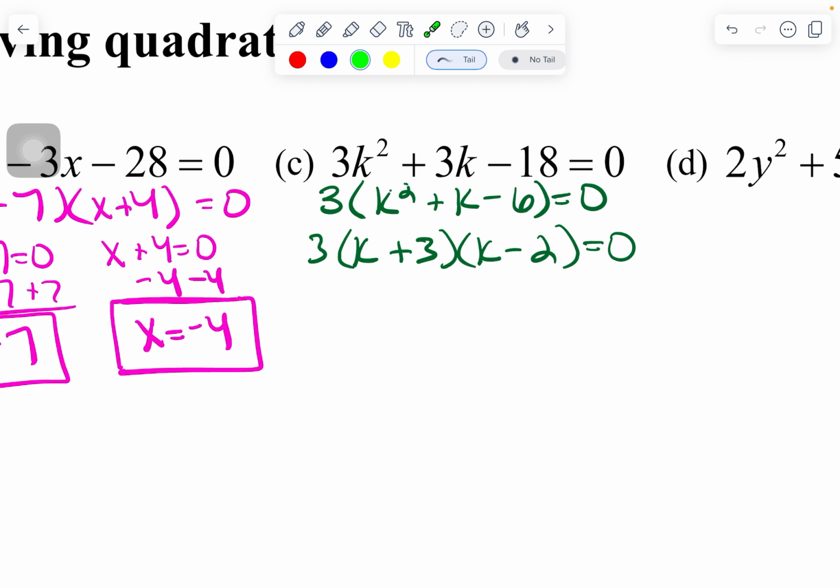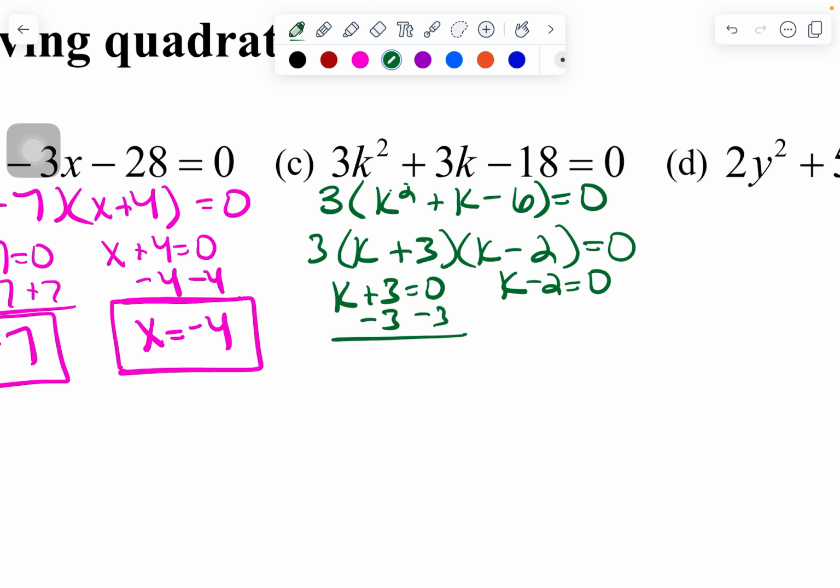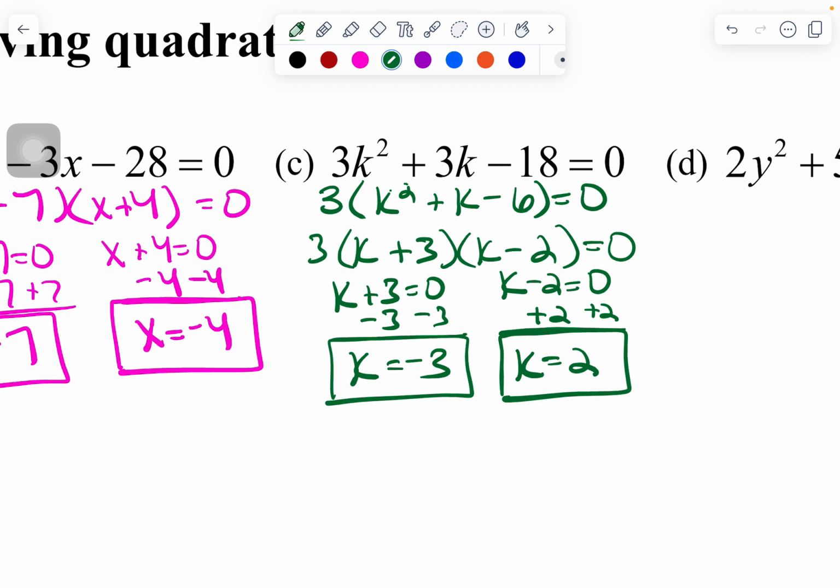I am only going to set the factors with variables equal to 0. So k plus 3 equals 0 and k minus 2 equals 0. If I subtract 3 from both sides, that's going to get me k equals -3. And then if I add 2 to both sides, that's going to get me k equals +2.